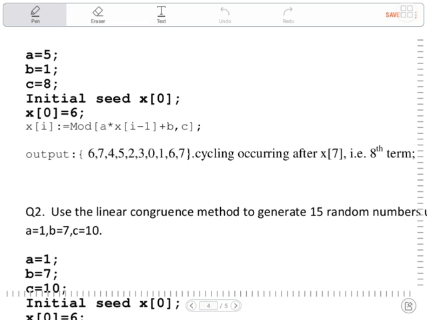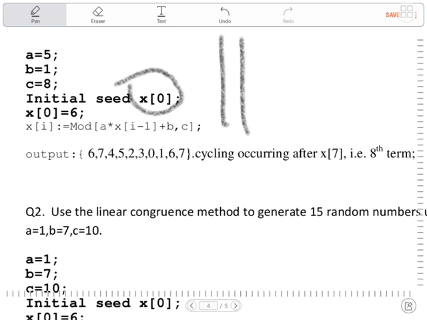So a equal to 5, b equal to 1, c equal to 8. Initial seed, I am taking this x0. Actually I am just writing it in the form of how you write an array, because in an array we can store many blocks of numbers. So I am taking that data structure here to just write the algorithm. So x0 I am taking 6.